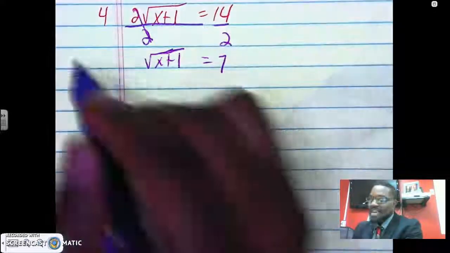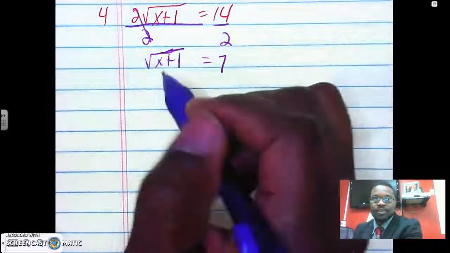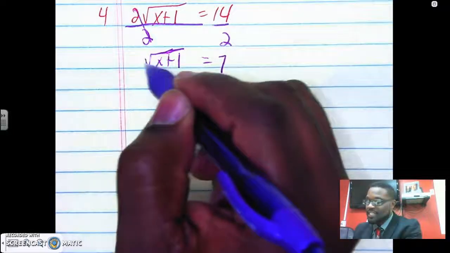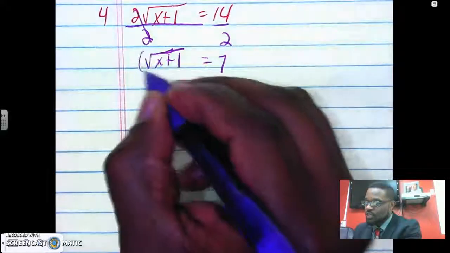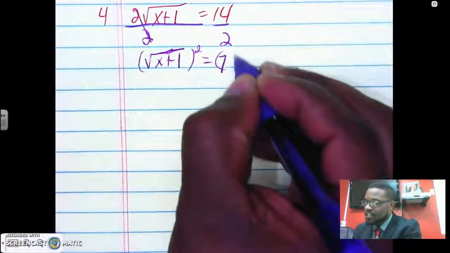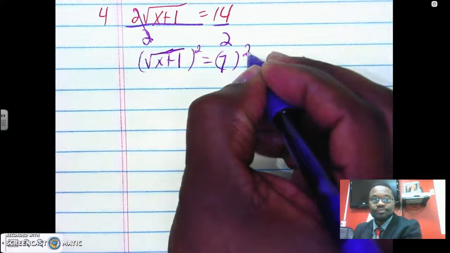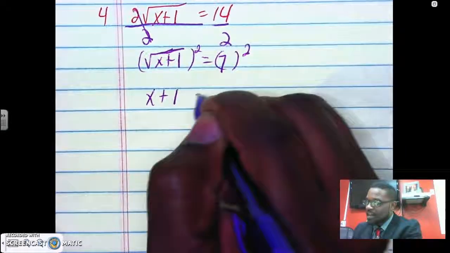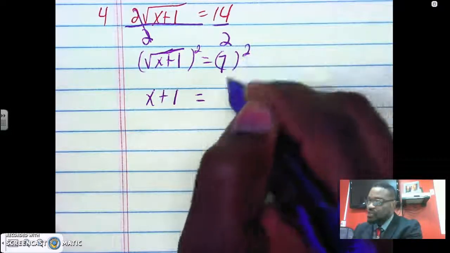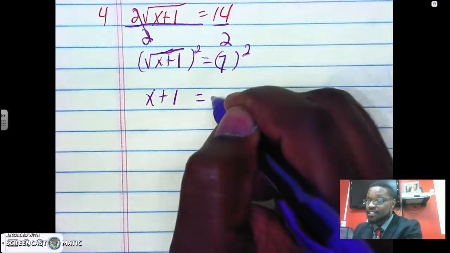Alright? Now that I have this right here, remember this is a square root. I said raise each side to your index. The index is a 2, so I'm going to raise each side to a 2. And so right here, what happens is the x plus 1 drops out, and this is not 7 times 2. This is 7 squared, or 7 times 7.